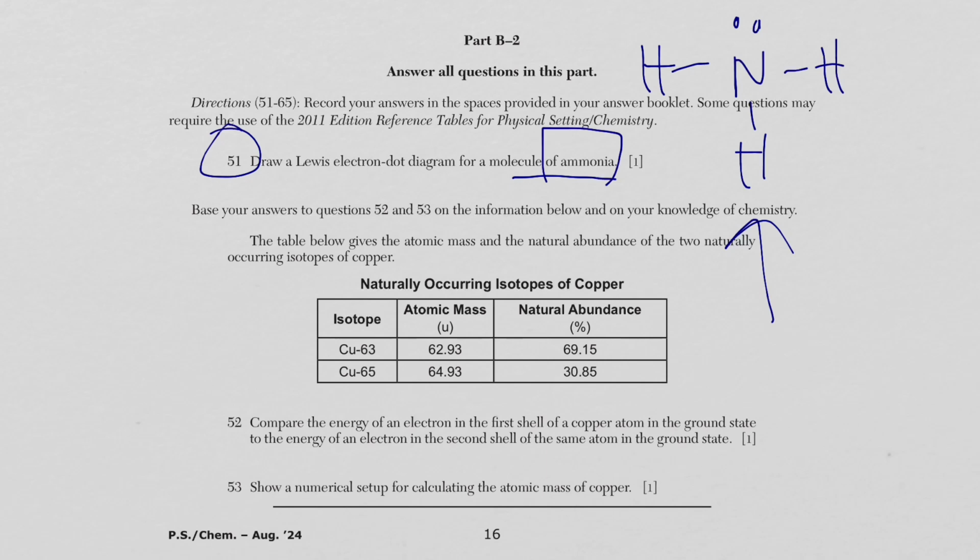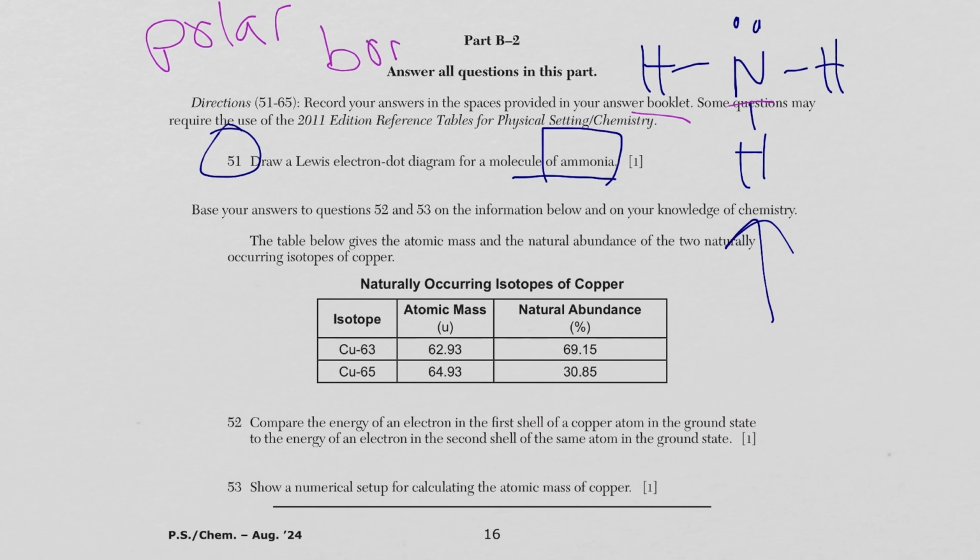Now, a couple other things you need to know about molecules besides drawing them, and that is the bonds, whether they're polar or nonpolar bonds, and the molecule, if the molecule is polar or nonpolar. When you have two different nonmetals, as you do here, you have what's known as a polar bond.